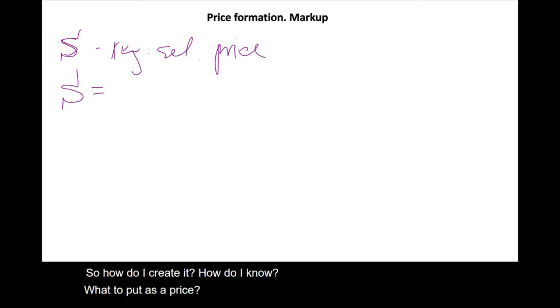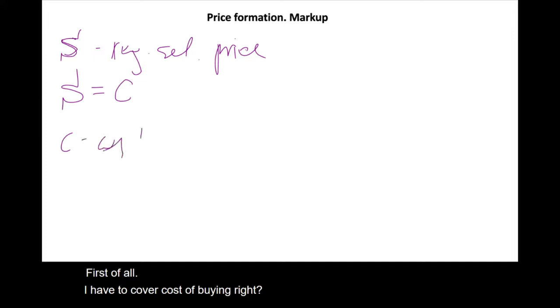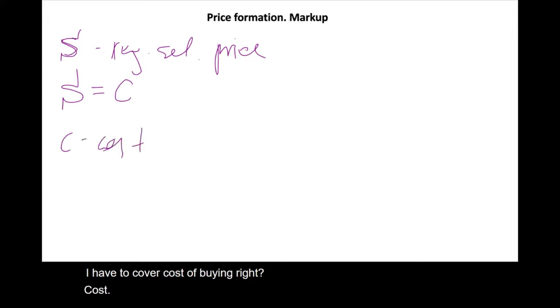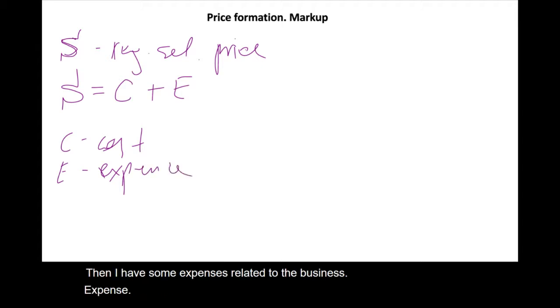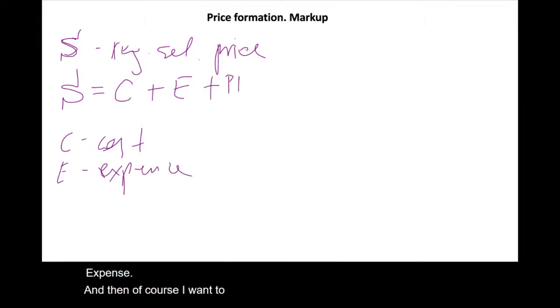First of all, I have to cover the cost of buying, right? Cost. Then I have some expenses related to the business. Expense. And then, of course, I want to make profit. Right, guys?